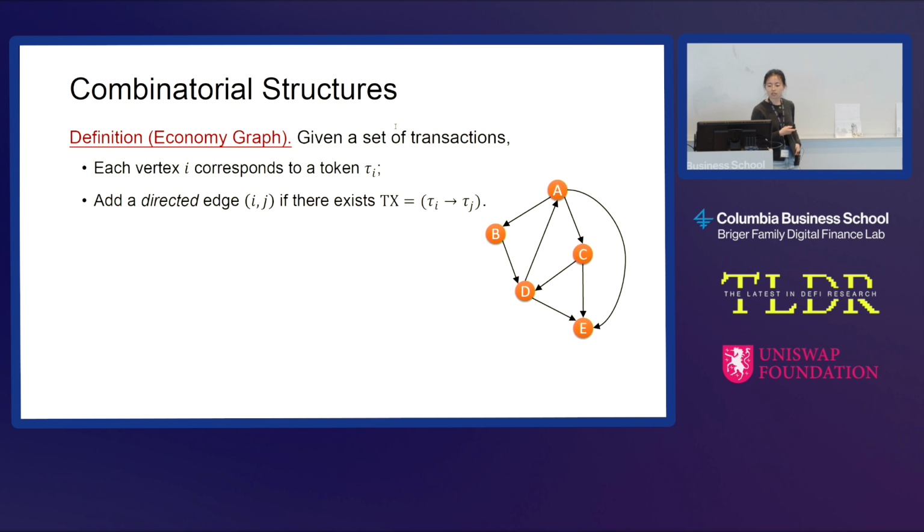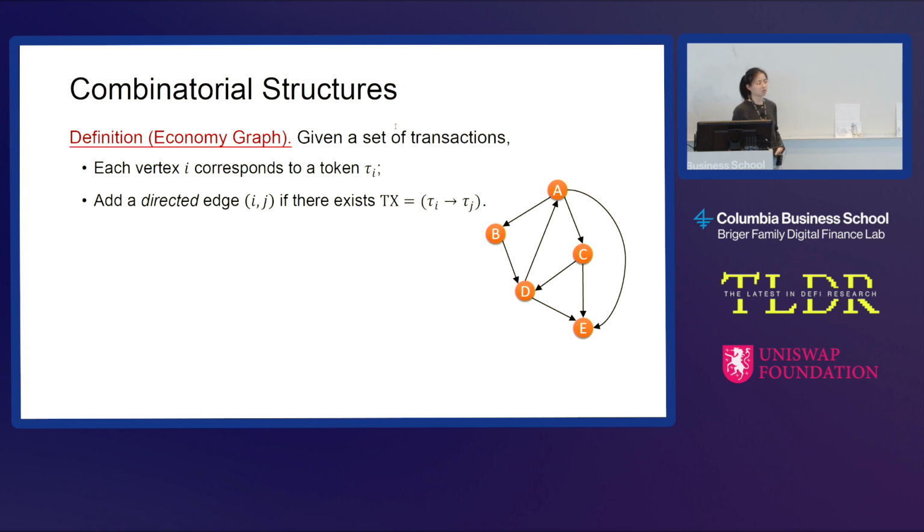Given a set of transactions, we can construct a so-called economy graph as follows. Each vertex in this graph corresponds to a token. And if there exists a transaction trying to swap token I to token J, then we add a directed edge from I to J, and we obtain a directed graph like this one.